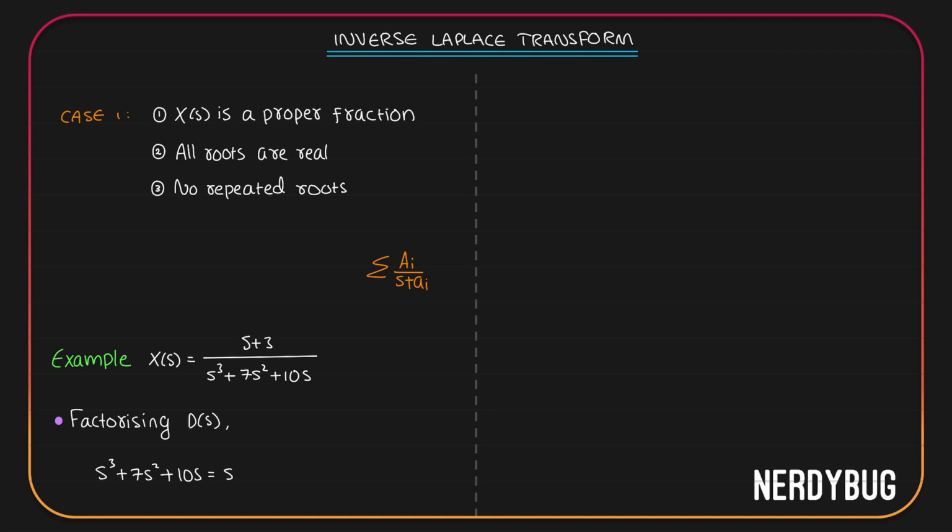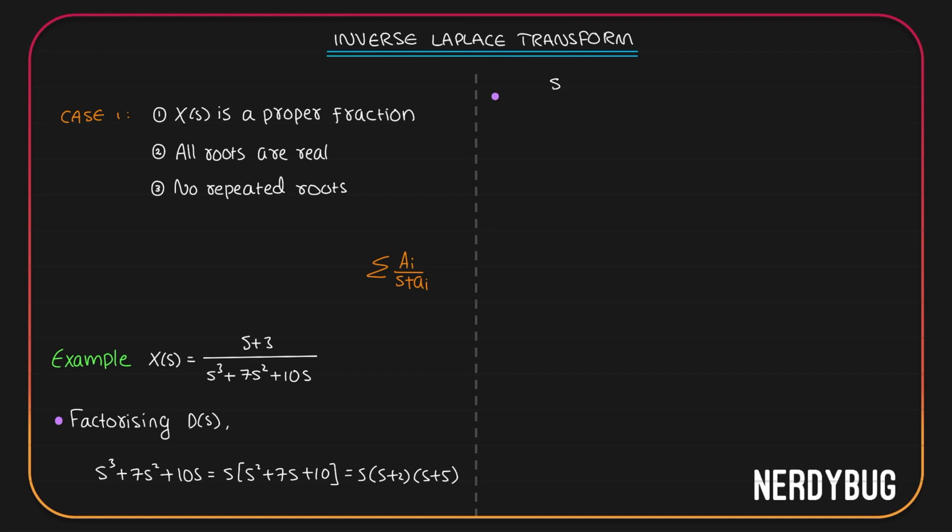We can take s out, so s into s squared plus 7s plus 10. Now this becomes s multiplied by s plus 2 into s plus 5. So this is s into s plus 2 into s plus 5.